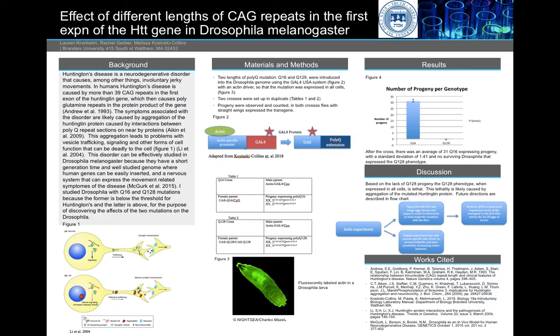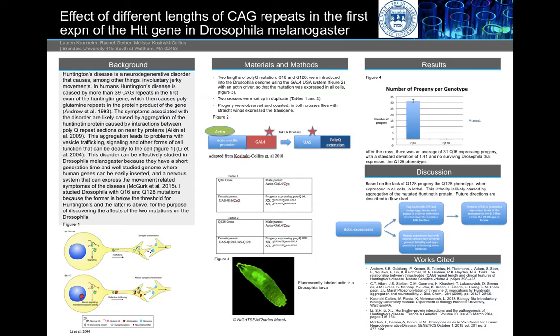After performing that experiment, I would go on to conduct a qPCR experiment to determine the expression levels of the altered Huntington gene in the latest stage of development of surviving Q128 Drosophila versus Q16 Drosophila to determine if differences in expression levels are contributing to the lethality in the Q128 flies.